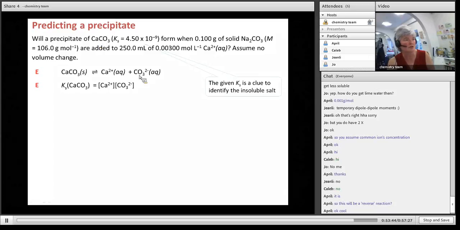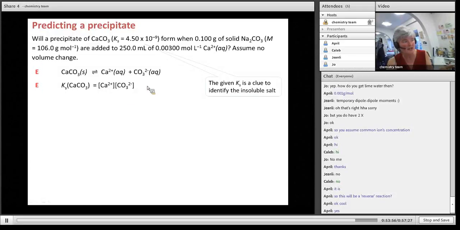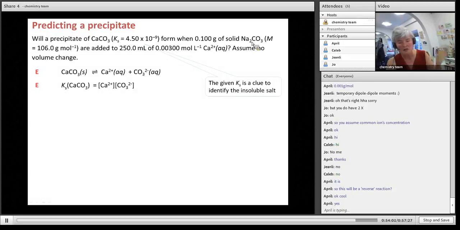I know some students get confused, they look at that and start using that 2 for sodium. Can you see there's no sodium in this equation? So that 2 over there is not important. The sodium ions are just going to be sitting around doing nothing. They're spectator ions.